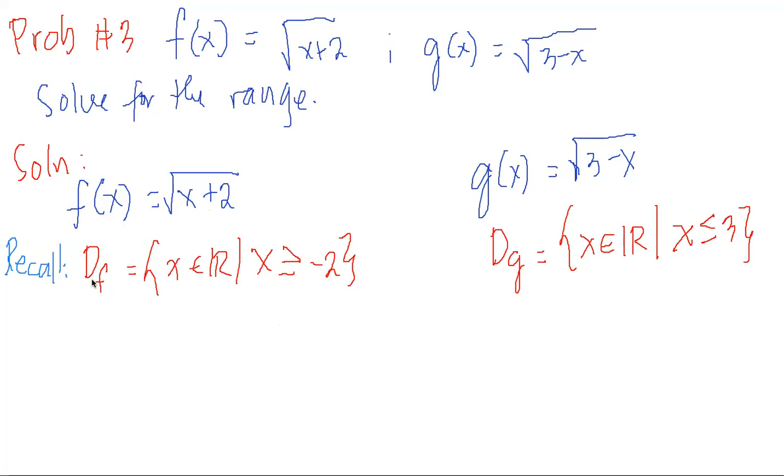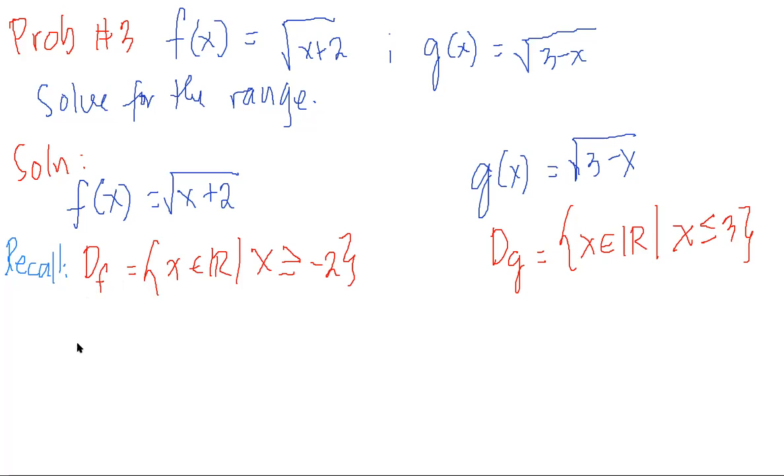We found out that the domain of f of x is x is an element of real numbers such that x is greater than or equal to -2. Now, for us to find the range of f of x, let's use the values of x in the domain.